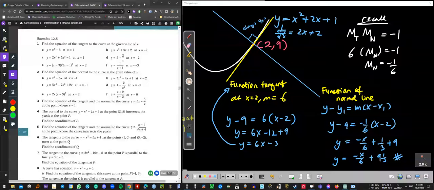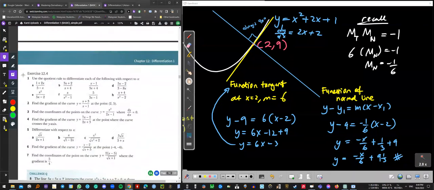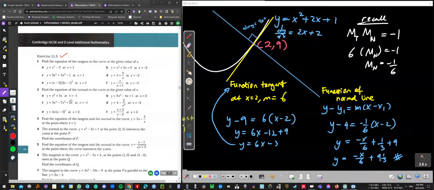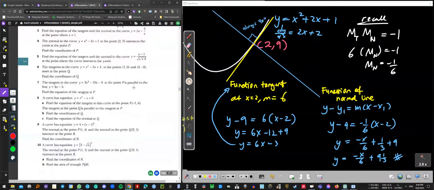Macam contohnya 12.4 tu, I mean, you kena try lah satu dua soalan sebab soalan dia bagus. Okay, I can't have my 1.5 hour asking you to do in front of me all the questions. Nanti tak ke mana kita punya revision. I have to trust you. I given you the books. You can check the answer. 12.4, 12.5. You do here lah.